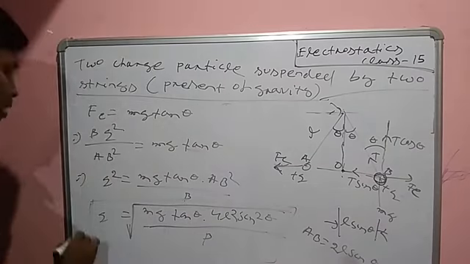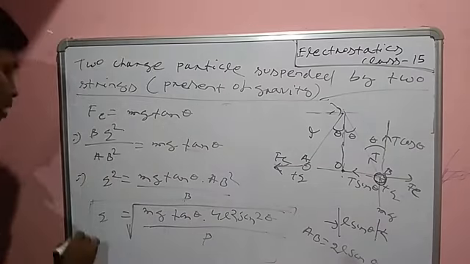From this expression you can write Q square is equal to T 4L square by beta, or Q is equal to root of T 4L square by beta. Yes or no? This is the expression for the charge in the absence of gravity.